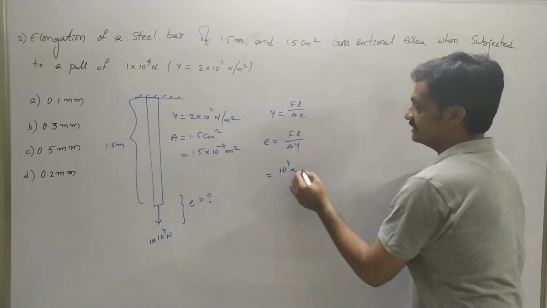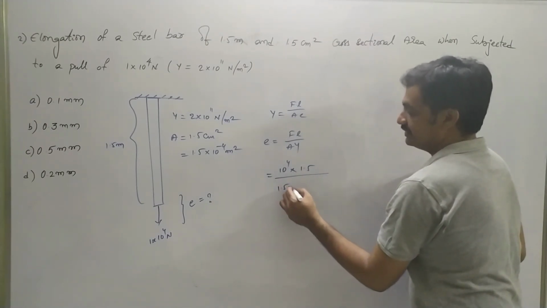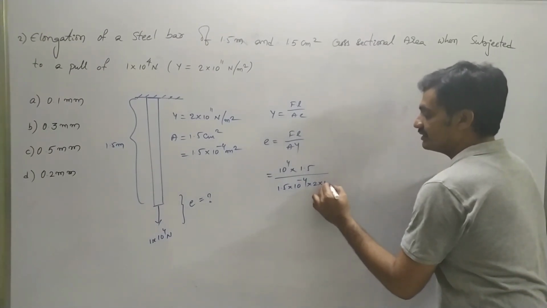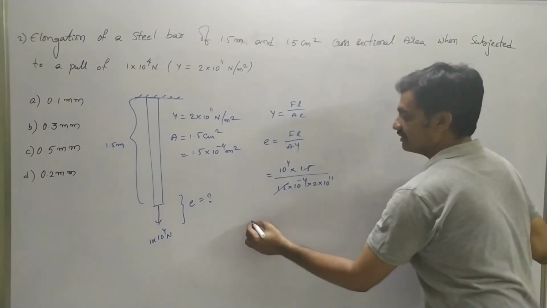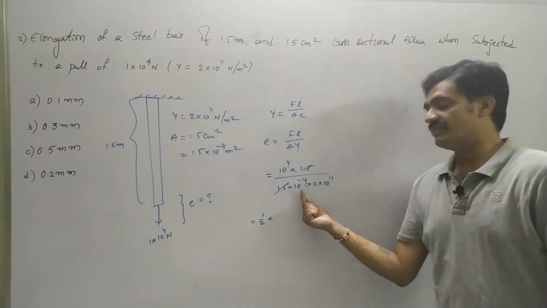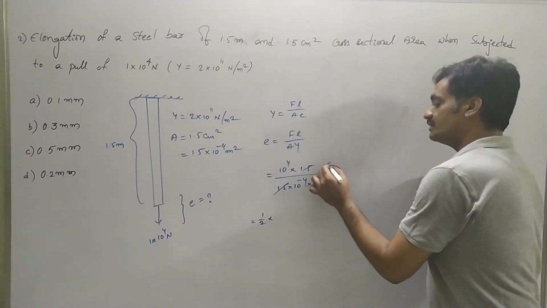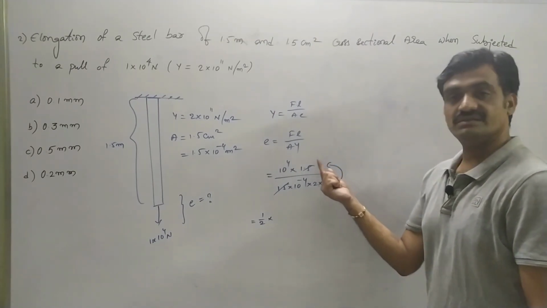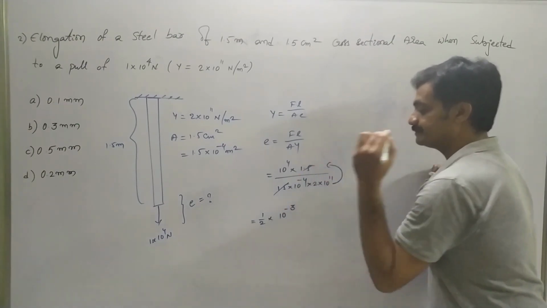The value of F is 10 to the power of 4 Newton into length is 1.5 meter by area is 1.5 into 10 to the power of minus 4 into 2 into 10 to the power of 11. Observe that 1.5 gets cancelled and here we have 1 by 2 into 10 to the power of 11 minus 4, nothing but 10 to the power of 7. As we bring this 10 to the power of 7 towards the numerator from the denominator, it will become 10 to the power of minus 7 plus 4, nothing but 10 to the power of minus 3.